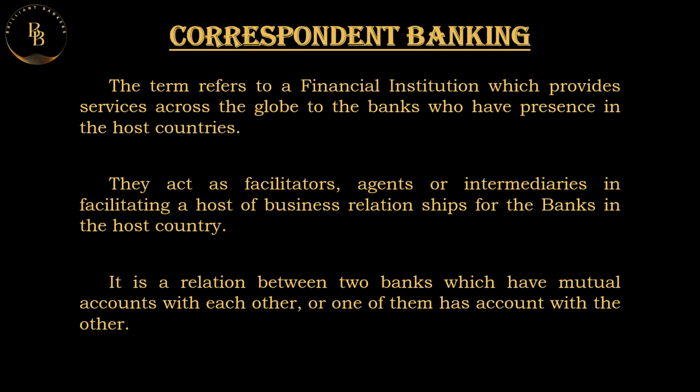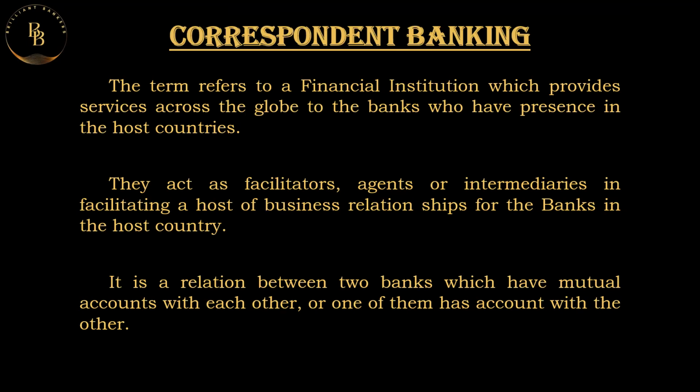To tell an example of a correspondent bank, you know that SBI doesn't have branches in all countries. State Bank of India doesn't have a branch in each and every country. Let's take an example of USA. State Bank wants to send some money to an importer in US.